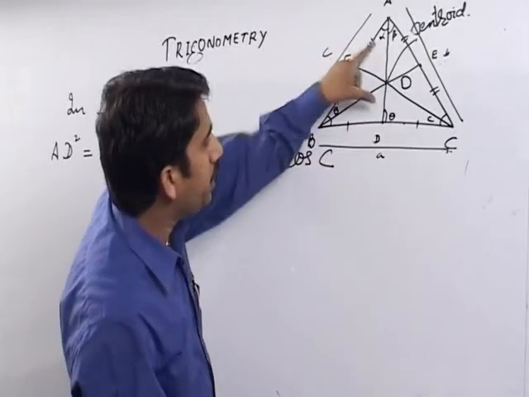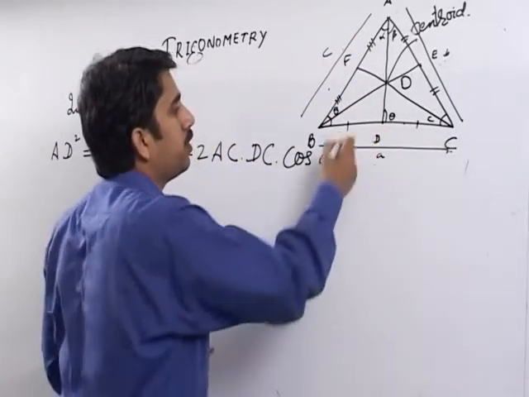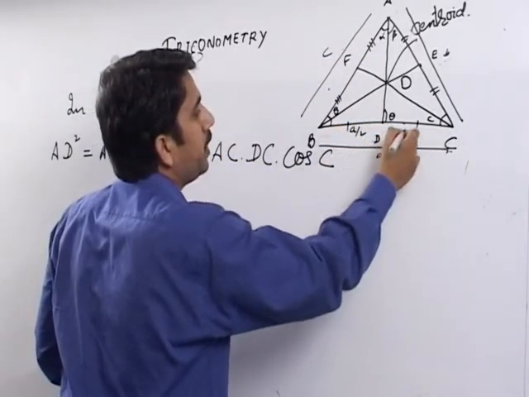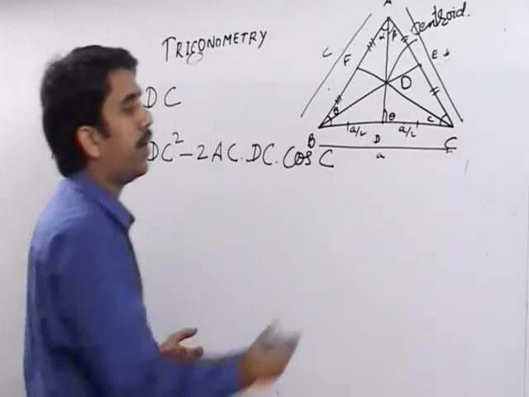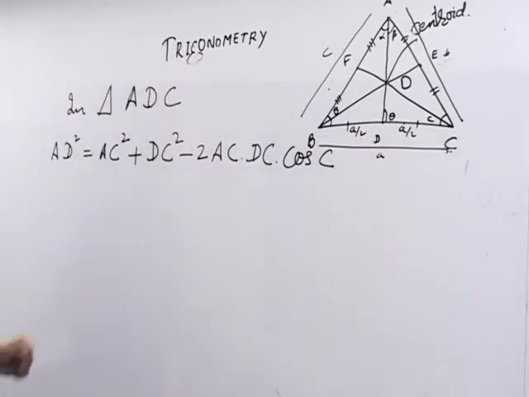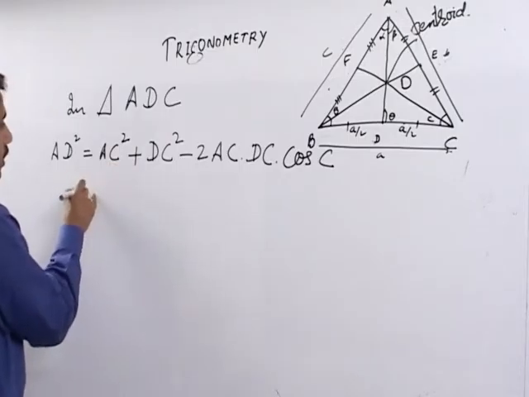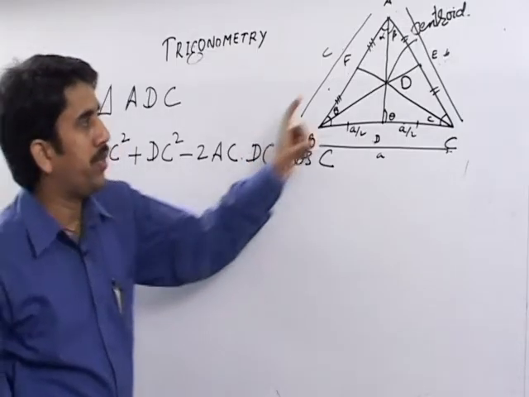Now since AD bisects the side BC, therefore BD will be A by 2, and DC will also be equal to A by 2. Now put this value here. What is AC square?